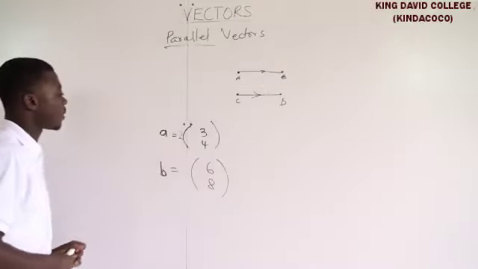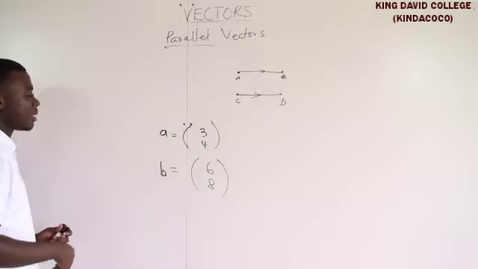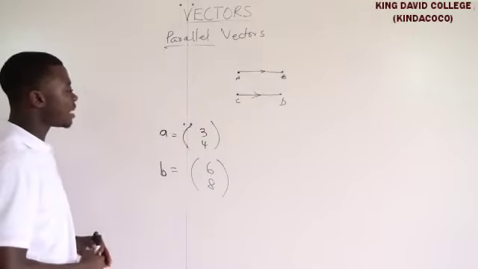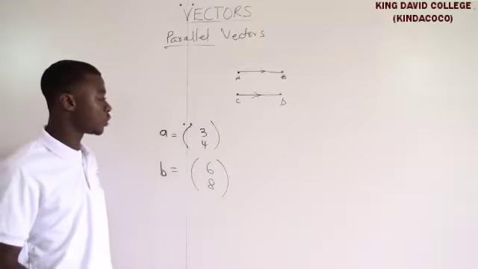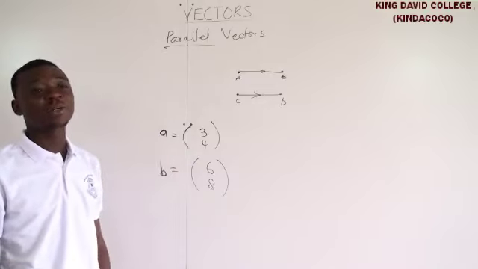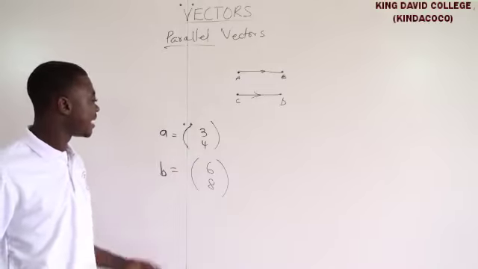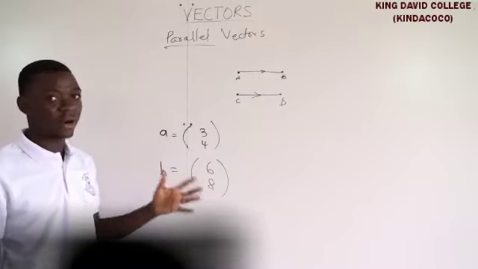Maybe directly you will not be able to know if A and B are in parallel. So how do you identify if vector A and vector B are in parallel?